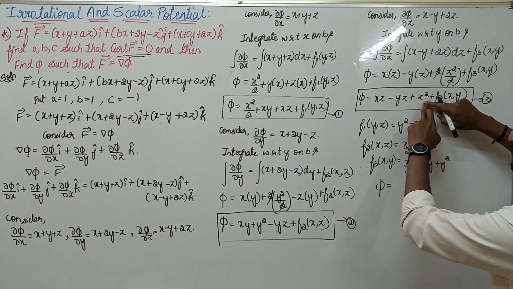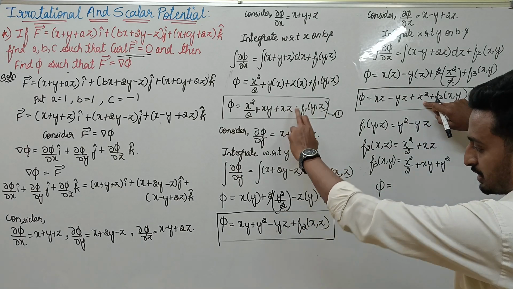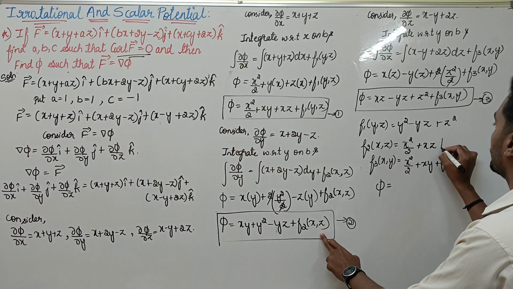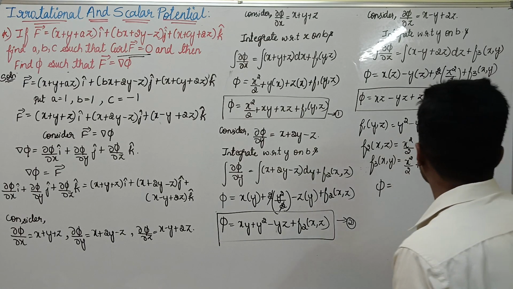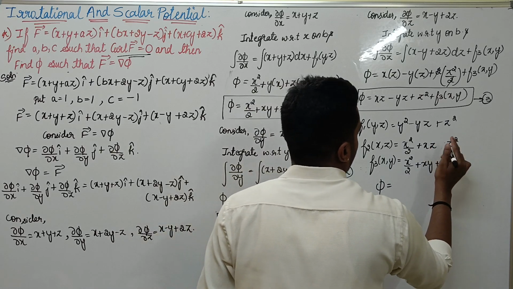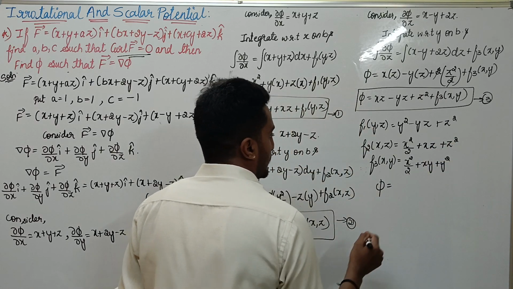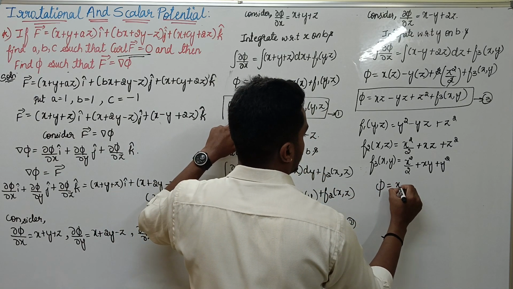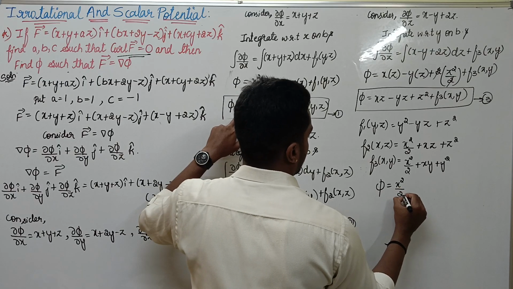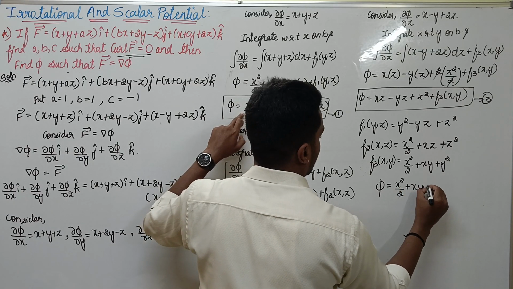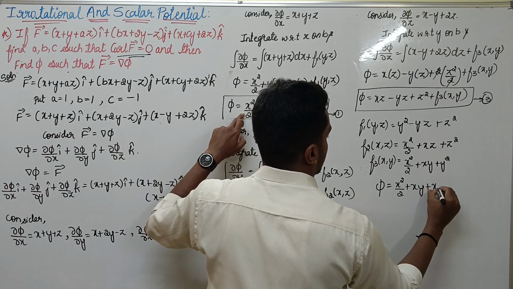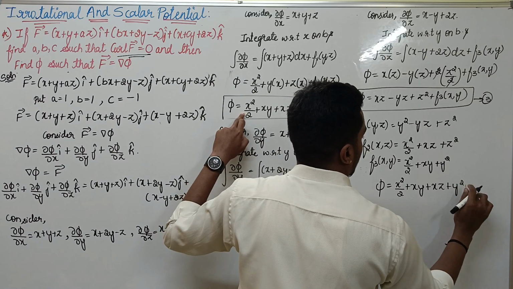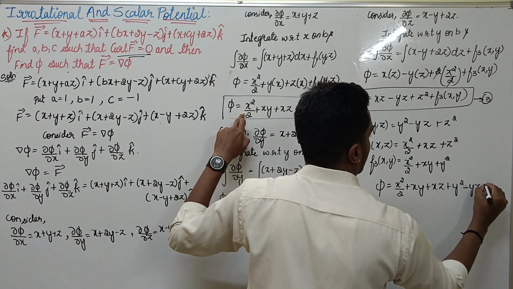Next we have z square; we don't have z square here, and we don't have z square in f2, so plus z square in each, so that it satisfies all the equations. Now let us compare: x square by 2 plus xy plus xz plus y square minus yz plus z square.